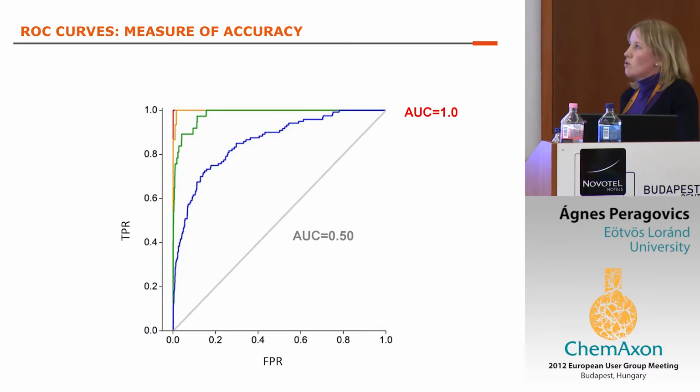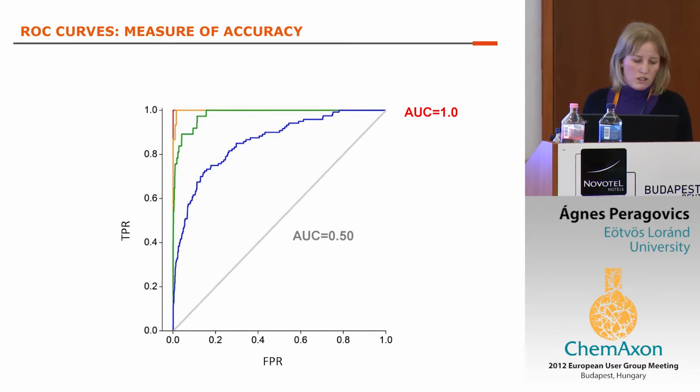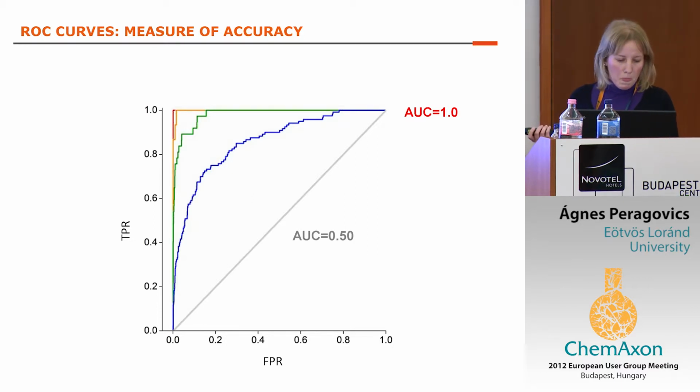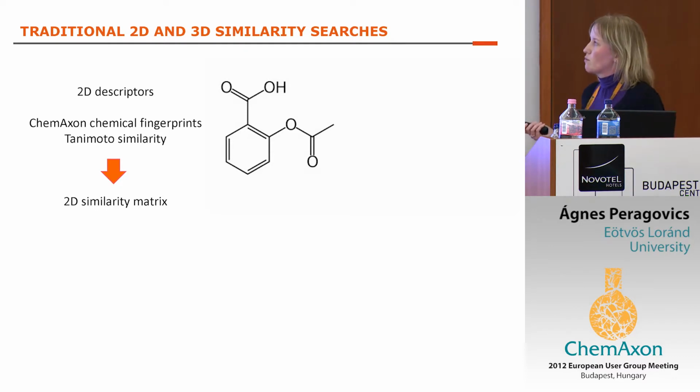And in order to understand how it works, we wanted to know to what extent can these results be explained by the 2D and 3D structural information of drug molecules. And this is the point where we use the ChemAxon tools for the two-dimensional representation of the molecules.